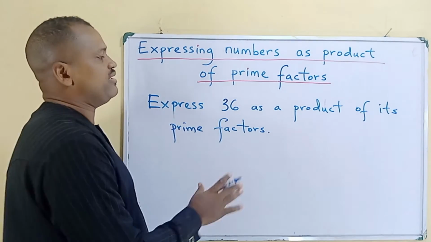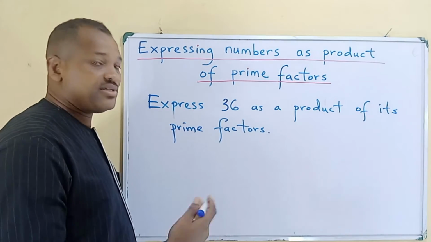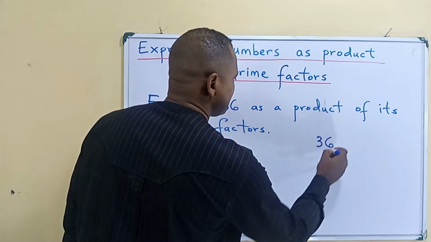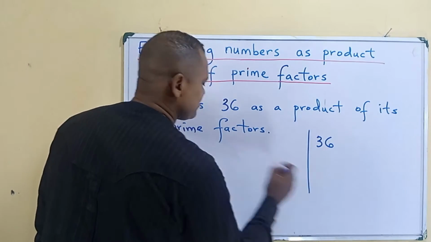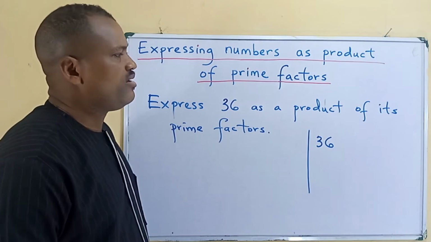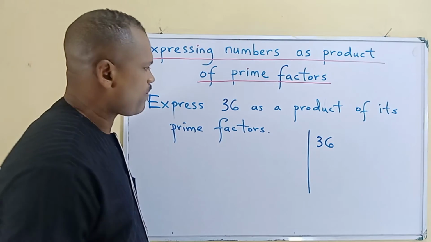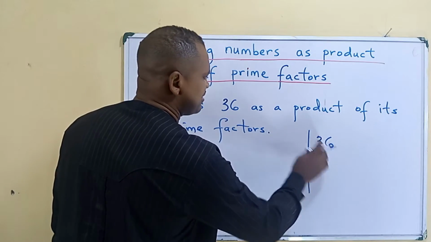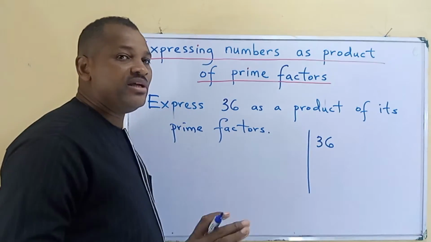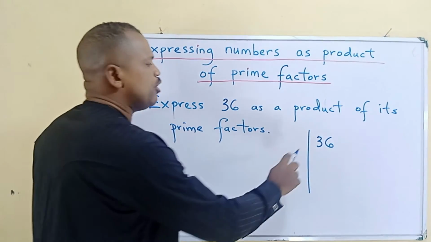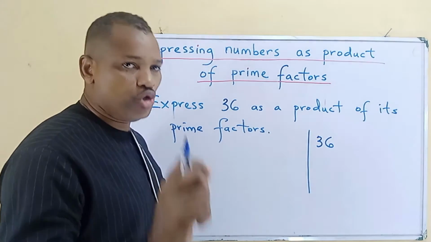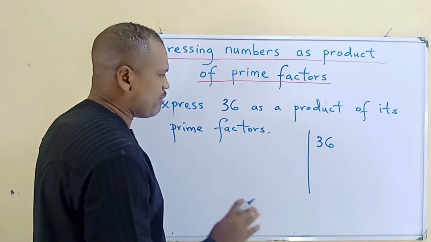Now, to solve this using prime factorization, you write 36, something like this. Draw a line like this. You now ask yourself, what number can divide 36 without leaving any remainder? And the number you put here must be a prime number. That number must be a prime number.